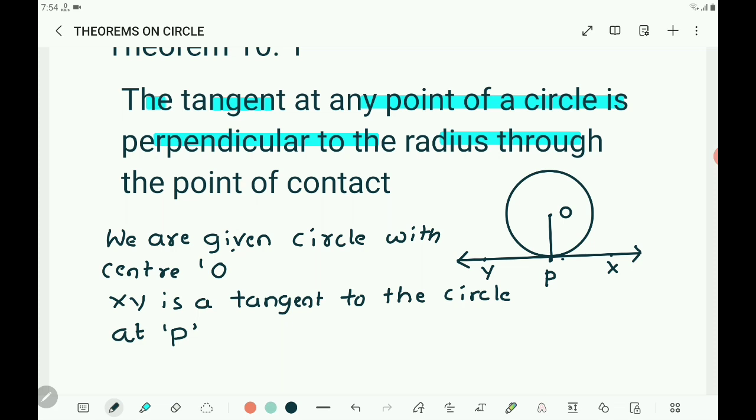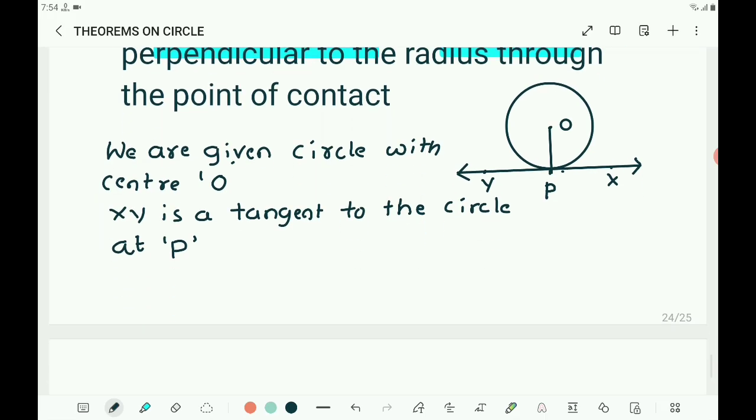Now what do we have to prove? We need to prove that OP is perpendicular to XY. Say, right?